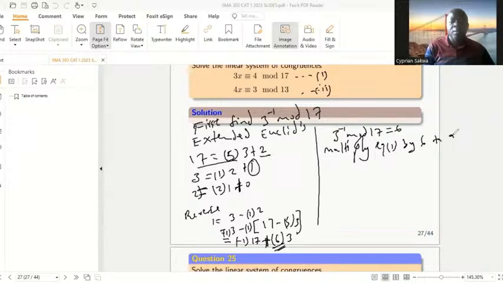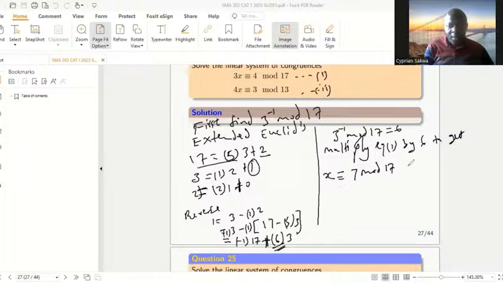So when I do that, x is congruent to 6 times 4, which is 24. 24 mod 17 will be 7.